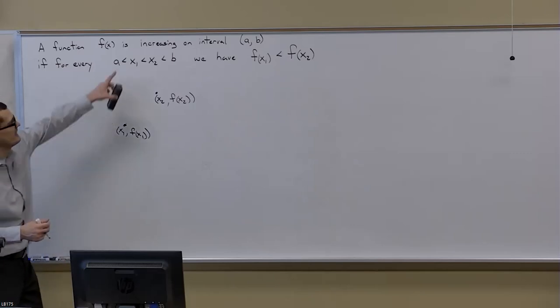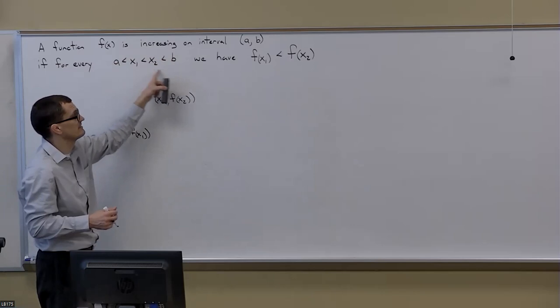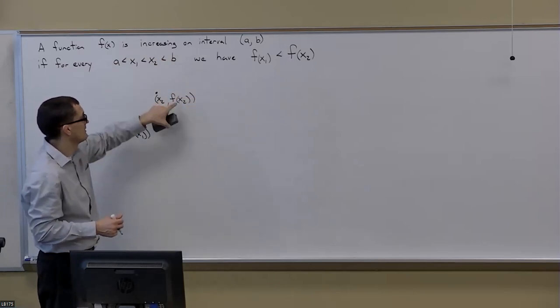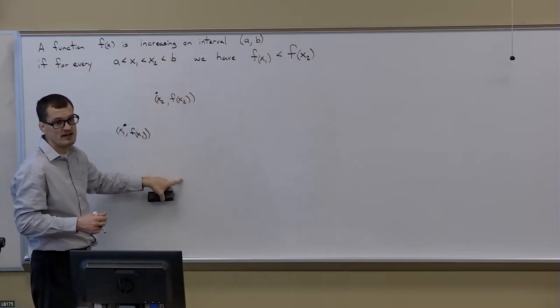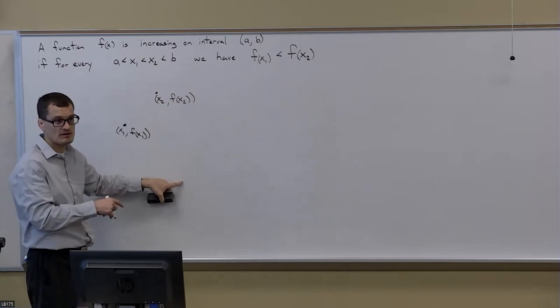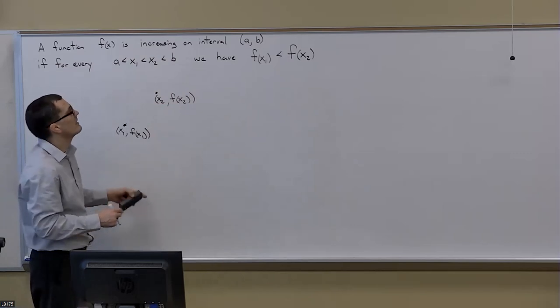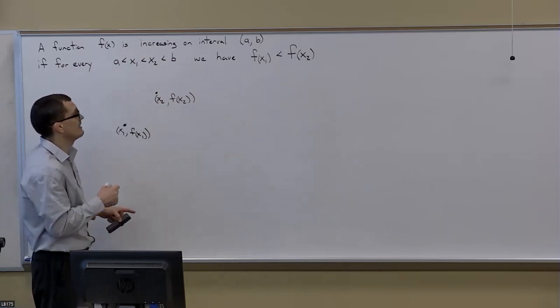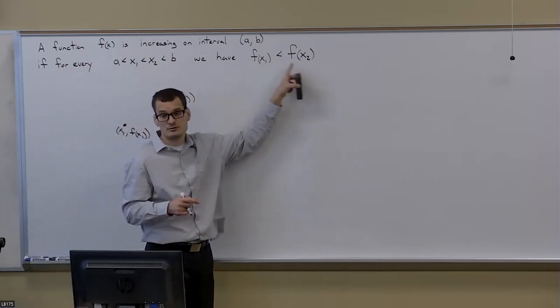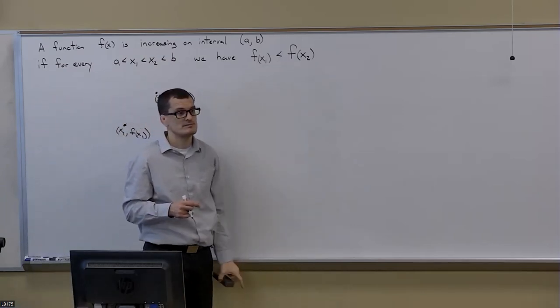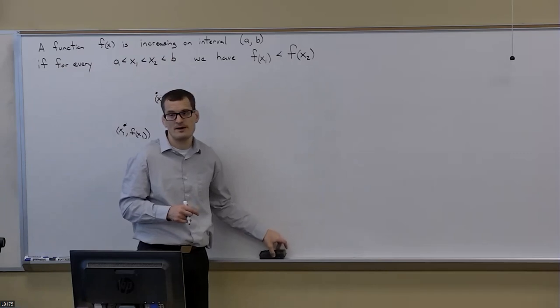And then decreasing looks exactly the same, but now we have to have the output value lower. If we had constant, then all of the output values would be equal.